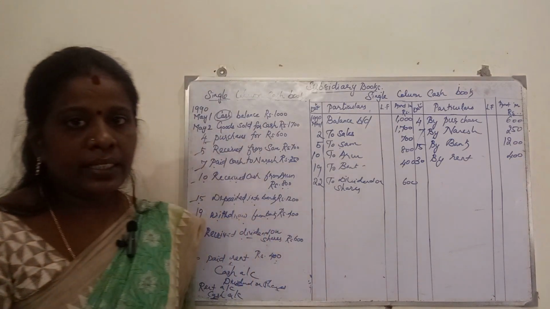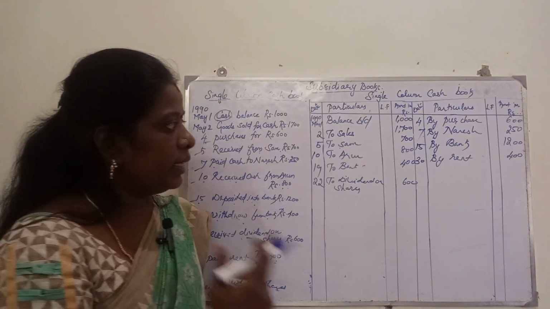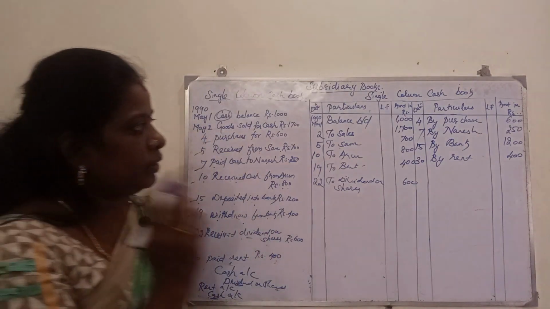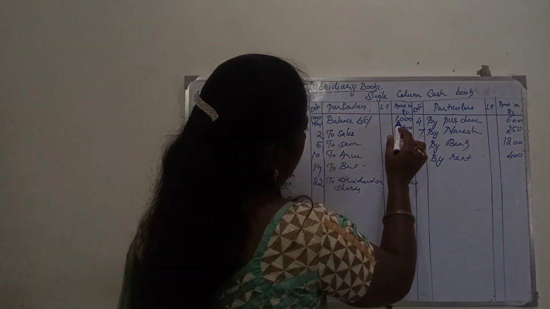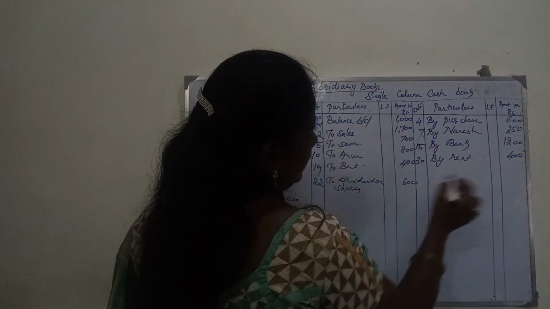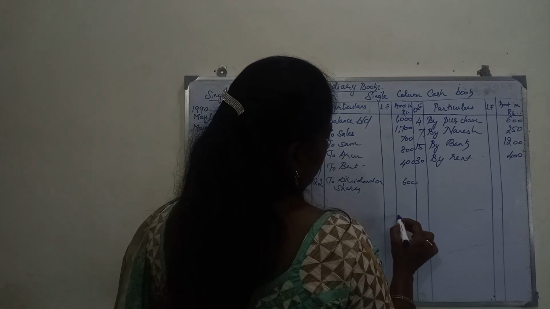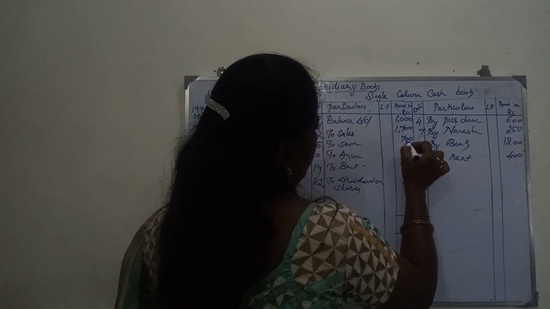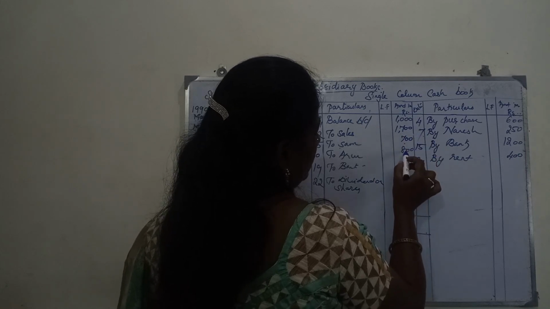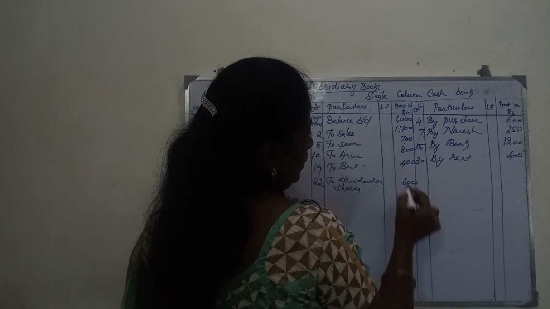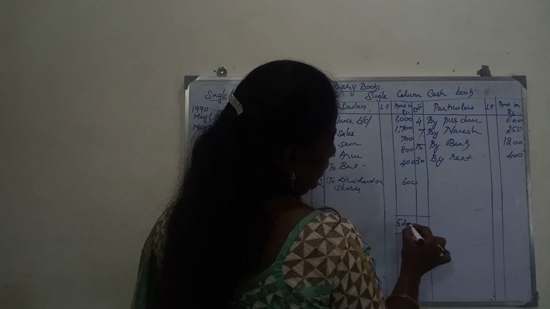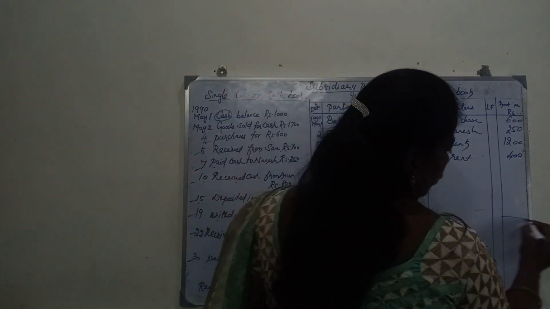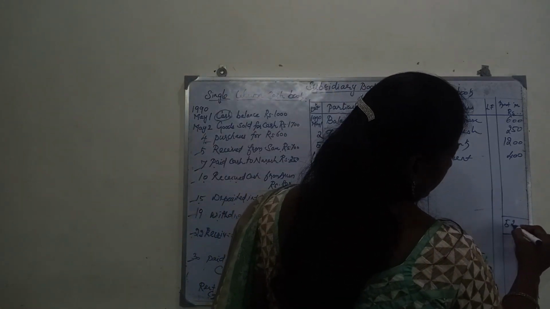On whichever side the amount is highest, that amount has to be written on both sides. In this, the debit amount is higher than the credit amount. So 1,200, 3,400, 4,200, 5,200 is the amount. The same amount has to be mentioned on the credit side.